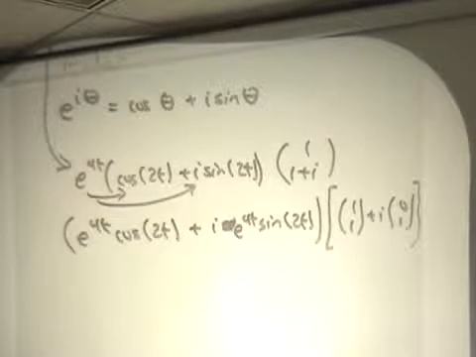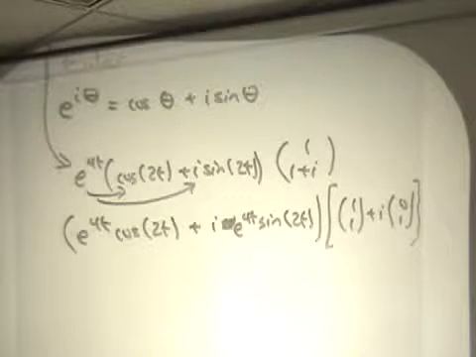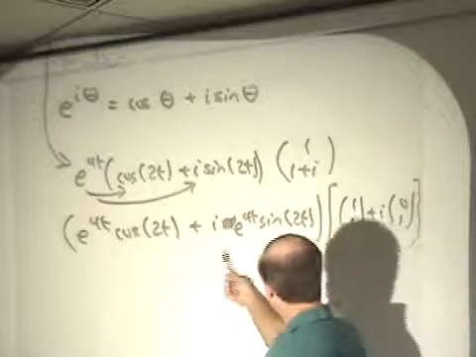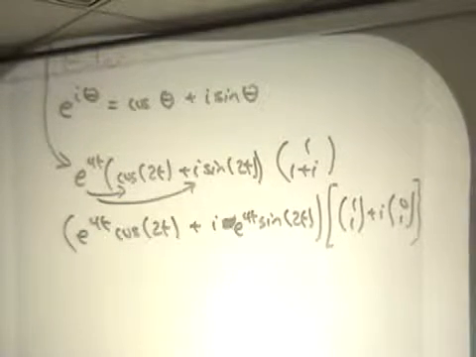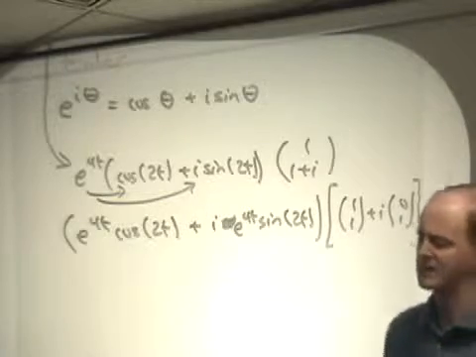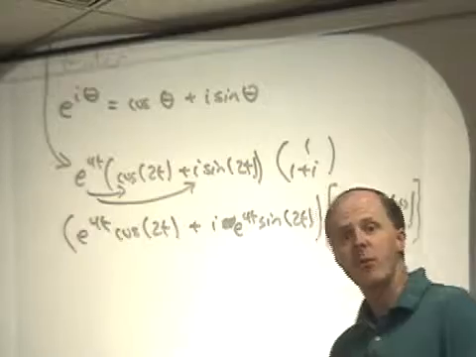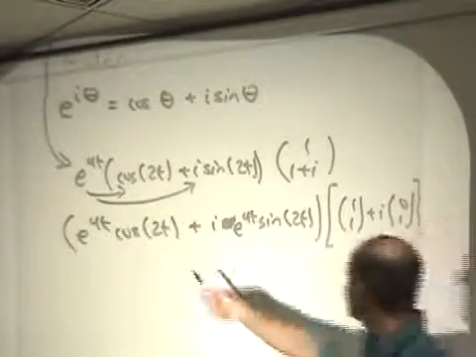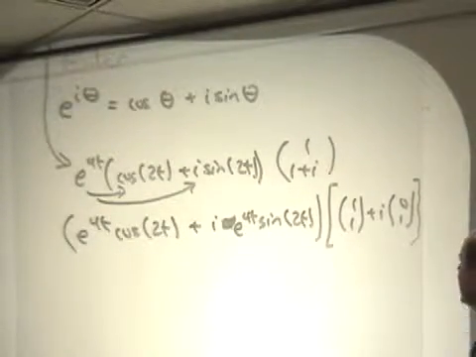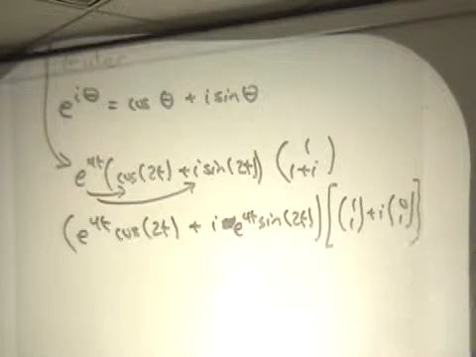What I'm going to do with this is rewrite it now. I'm going to multiply this expression in the parentheses times this expression in the brackets. Essentially, I've got two binomials involving imaginary numbers. I'm going to essentially do the FOIL method. I'm going to multiply first times first, outside times outside, inside times inside, and last times last.